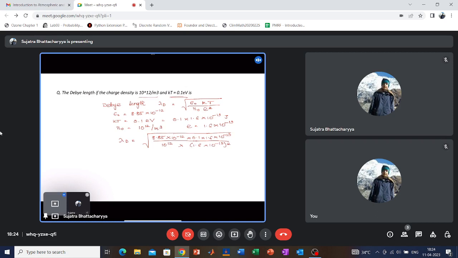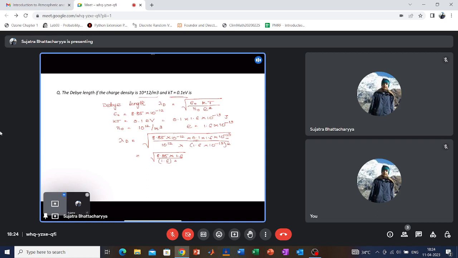So now just separating the powers and writing it. So it is 8.85 into 1.6 divided by 1.6 whole square. Just writing the other things, this is 10 to the power minus 12 into 10 to the power minus 20 divided by 10 to the power minus 38. 10 to the power minus 20 with this 10 to the power minus 12, so it's 10 to the power minus 32, and 10 to the power minus 19 square is 10 to the power minus 38.